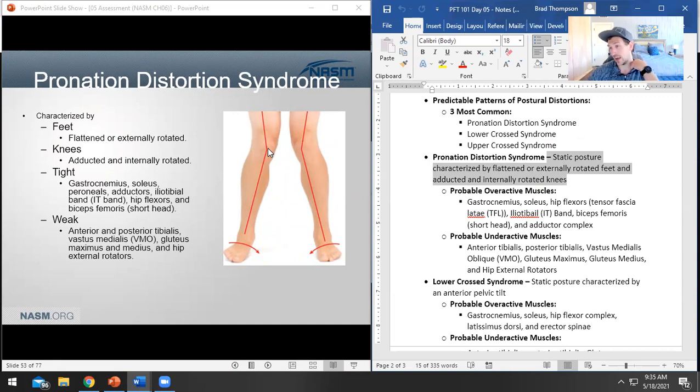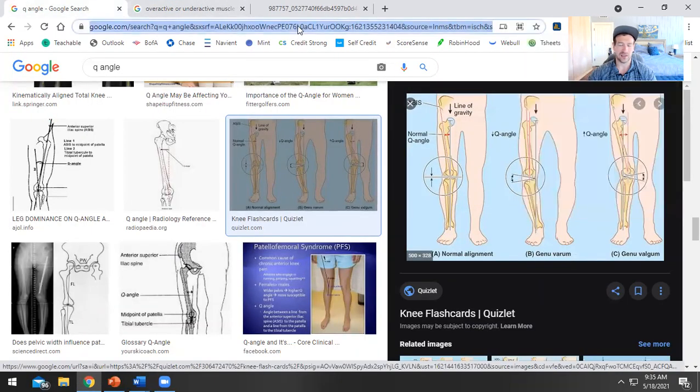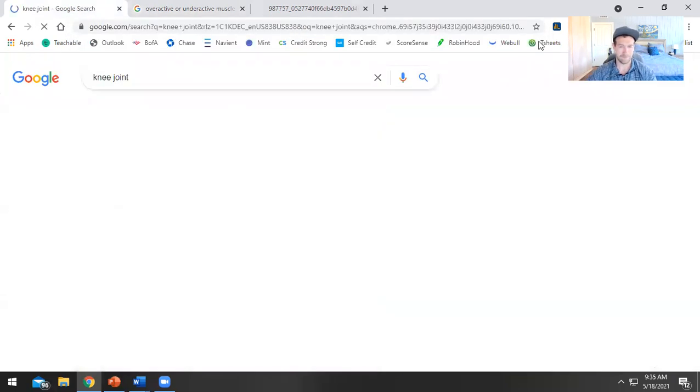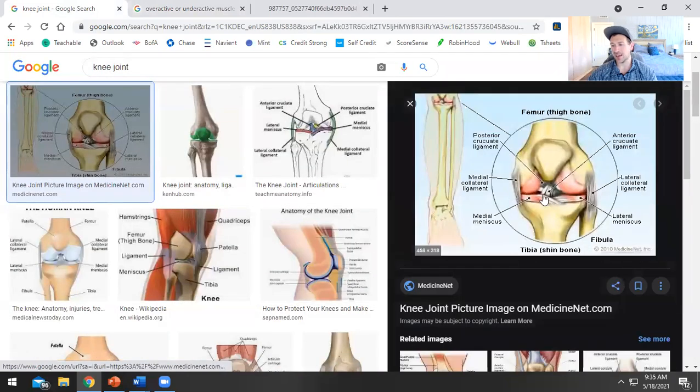And why is that caving in action happening? Well, there's sort of two things happening in the knee here. There's straight up adduction. Remember, adduction is moving towards your midline, right? And there is also a little bit of internal rotation. The knees are not only caving in directly, because they're really not designed to do that. Again, if you look at your knee joint, this really is not designed to have a lot of lateral movement.